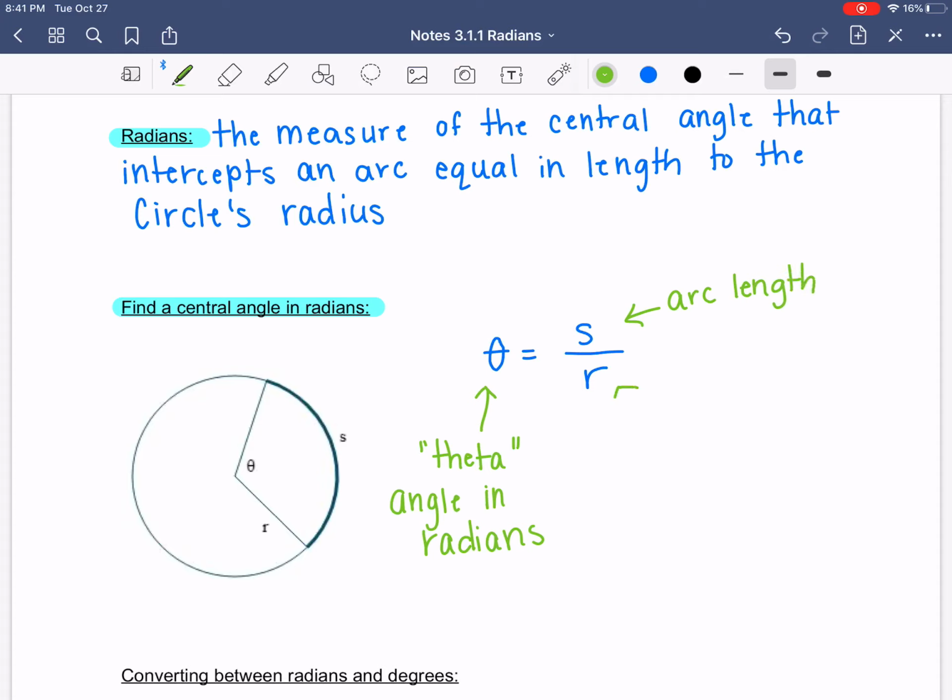And R is your radius. So here is our angle theta. If you wanted to find theta, you just have to divide the arc length, which is however long you are on the outside of the circle. That's S. Divide it by the radius, R, and that will give you your angle in radians.